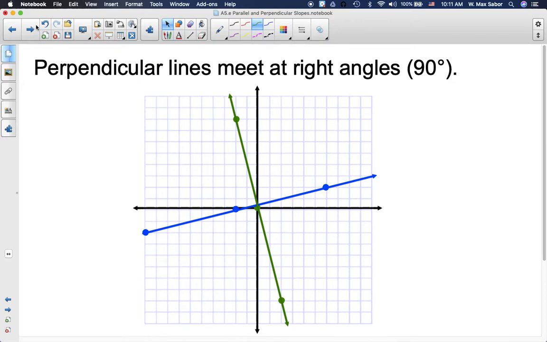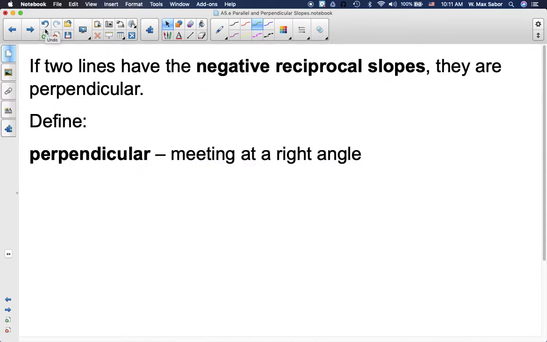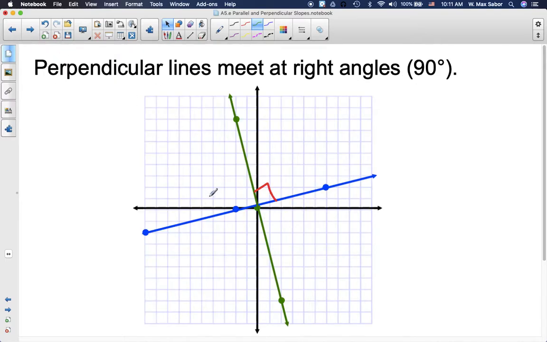Perpendicular lines meet at right angles. What you see here are 2 perpendicular lines. They meet at right angles, meaning this angle, this angle, this angle, and this angle are all the same. If 2 lines have negative reciprocal slopes, then they are perpendicular. This slope was going right 8 and up 2, a slope of 2/8 or 1/4.